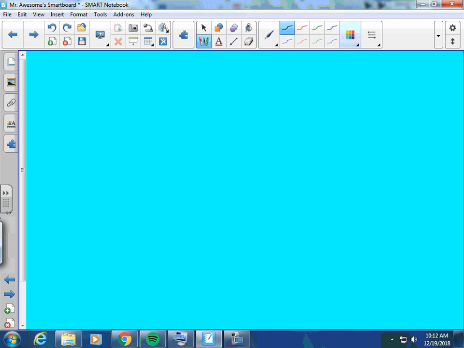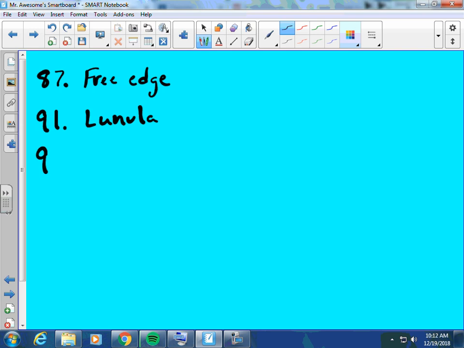So circle these. You should know number 87 is free edge. That's the free edge of the nail. You should know 91, the pale crescent area at the base is called the lunula. 92 is called the eponychium, or what we're going to refer to as just cuticle.